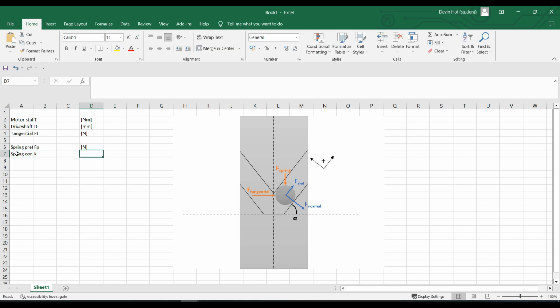First we write down all the names of the input and output parameters before filling in a value or formula.